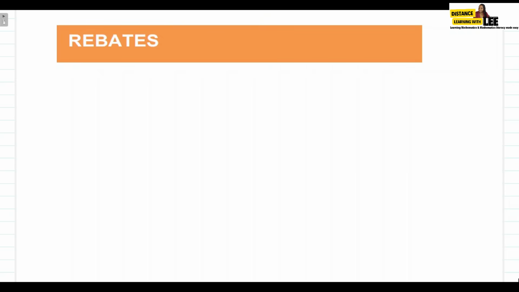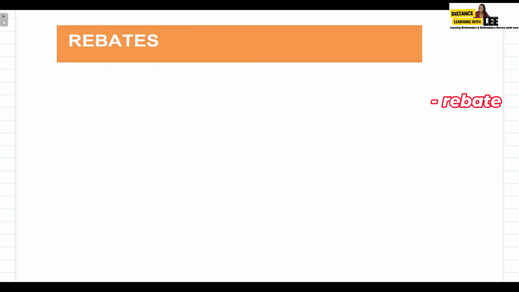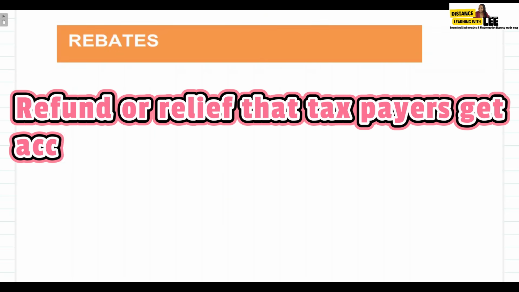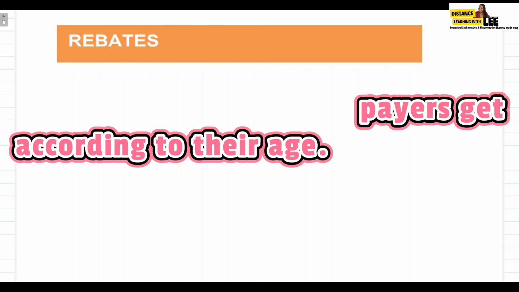Okay, so let's say, for example, you've calculated the total amount of tax that you are supposed to pay, and you still need to take into consideration a rebate if you're given a rebate table. So a rebate is a refund or a relief that people get according to their age.